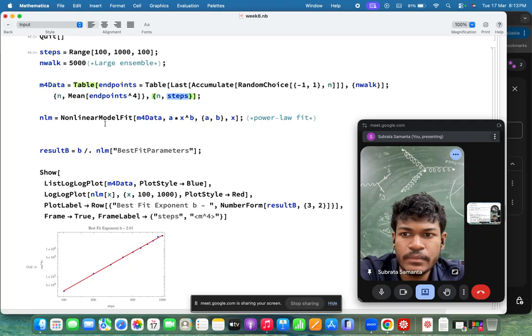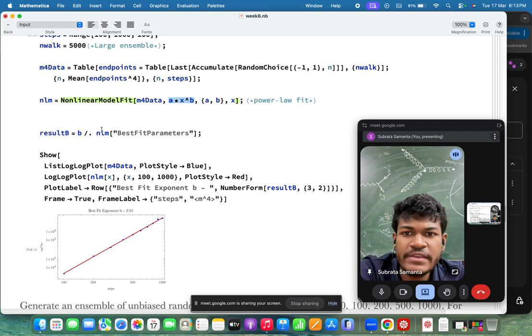And then I perform a nonlinear fit to this data in this format, a x to the power b. This is my power law model, where a and b are the parameters and x is the variable. That is the nonlinear fit I use, and I extract the value of b.